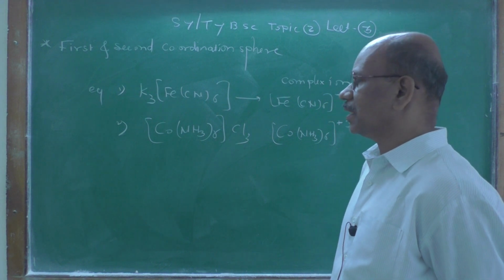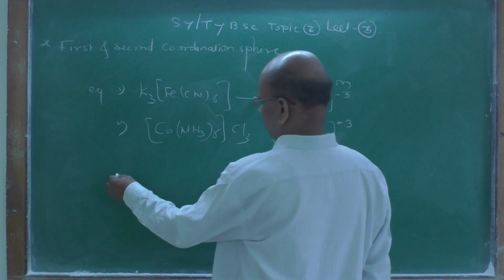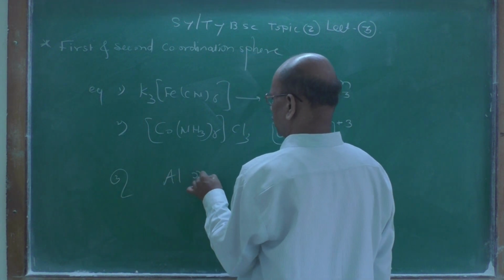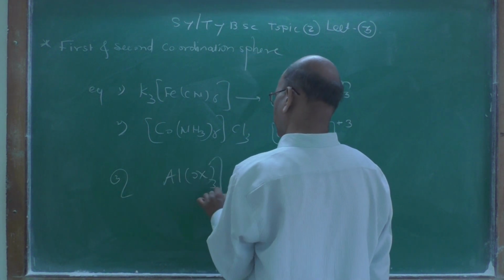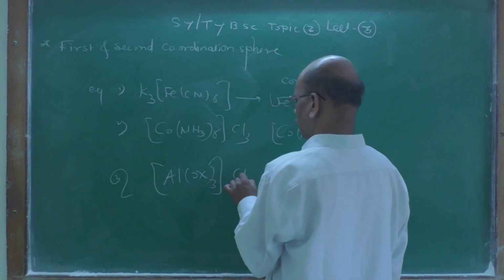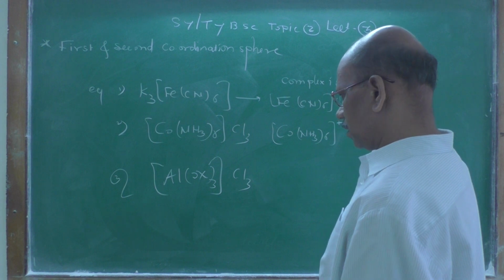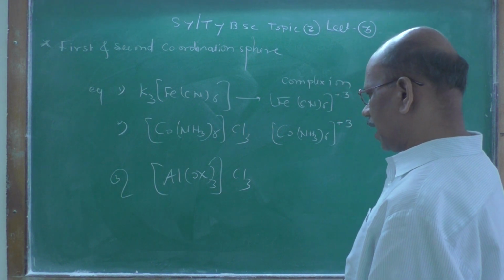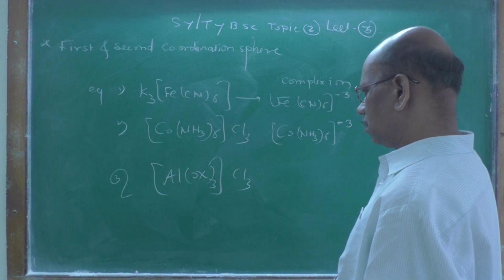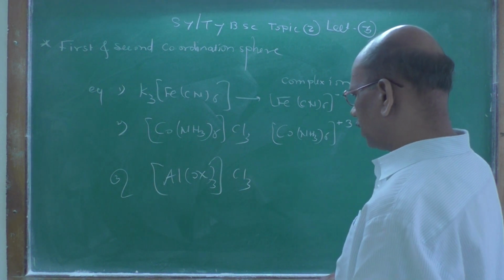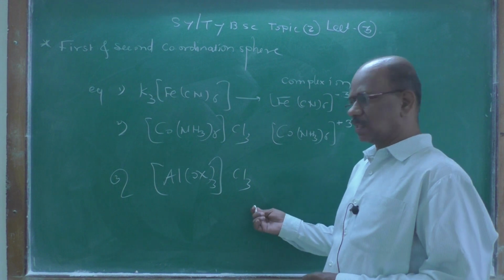You consider any example. Third example, suppose I consider [Al(C2O4)3] and suppose it is again Cl3. It is a trioxalato aluminate complex.